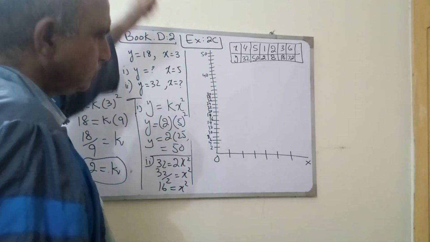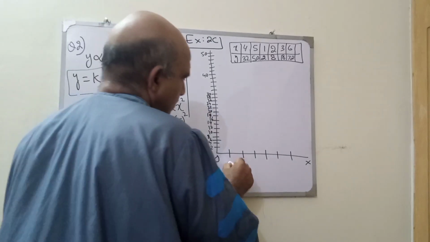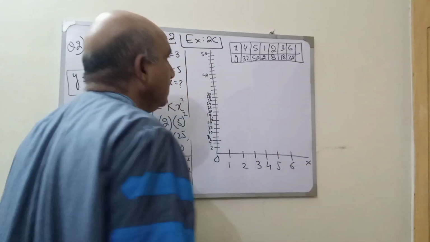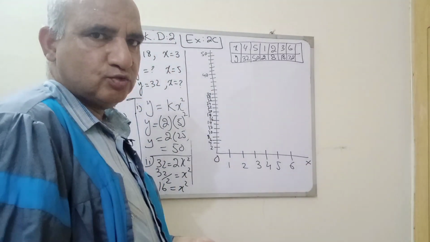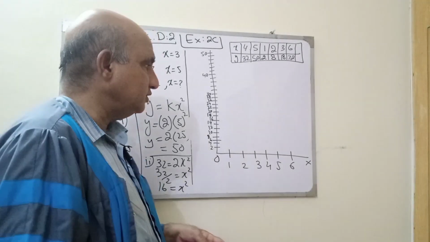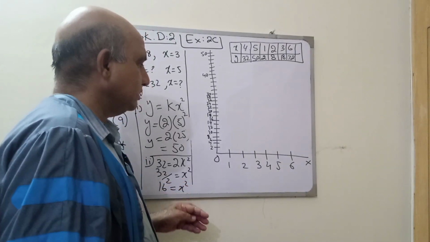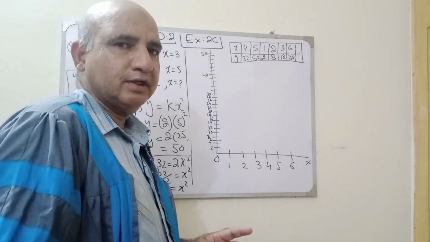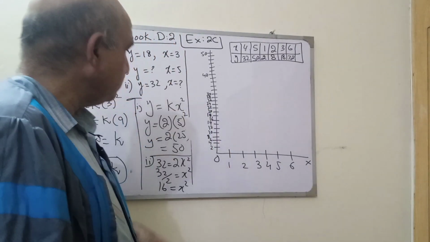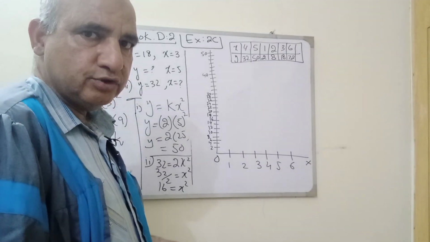Right? I'm not going to write all the numbers here. So 1, 2, 3, 4, 5, and 6. Maybe we'll take the negative values as well, but at the moment I'm going to take only the positive values, right? And I'm just going to tell you how we draw the graph and how we find the values.